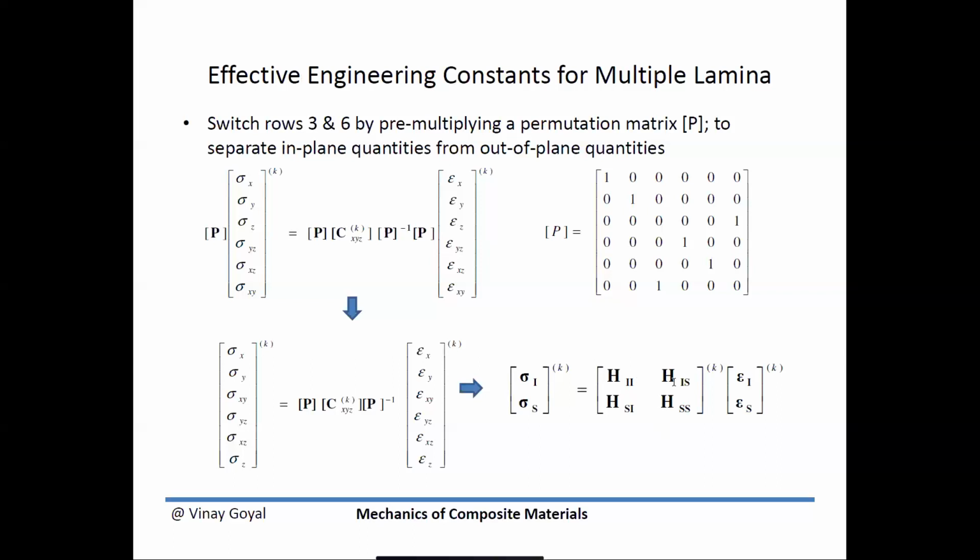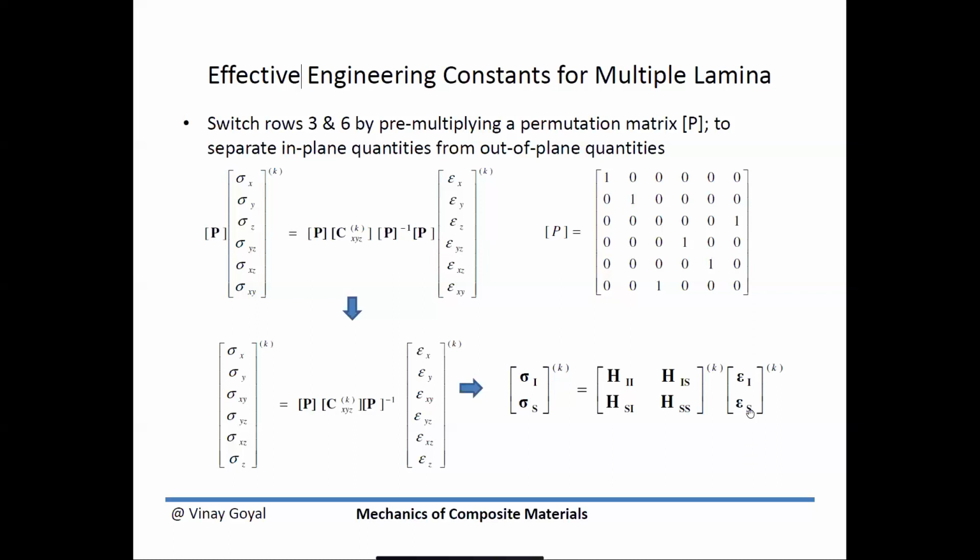Because as you saw, there are 4 fundamental assumptions made. The fundamental assumptions were that the through-thickness stresses for every ply are going to be the same for the whole stack, that the strains for every ply are going to be the same for the whole stack, and then that the homogenized stresses are going to be the weighted average of the stress at every ply.